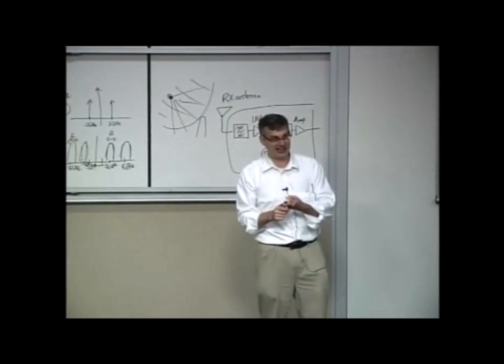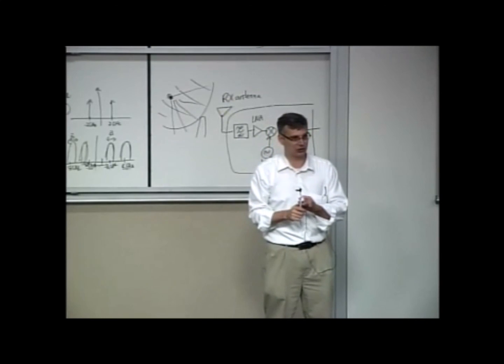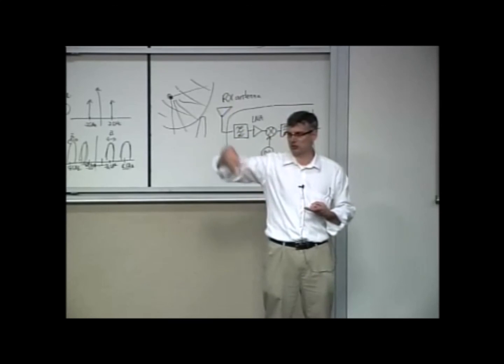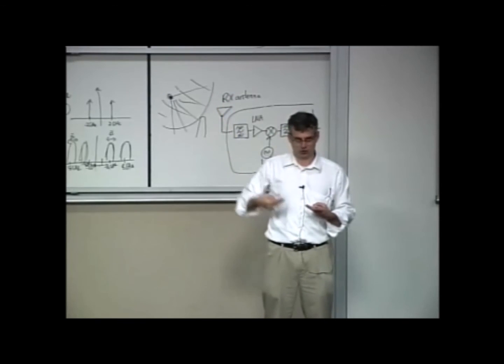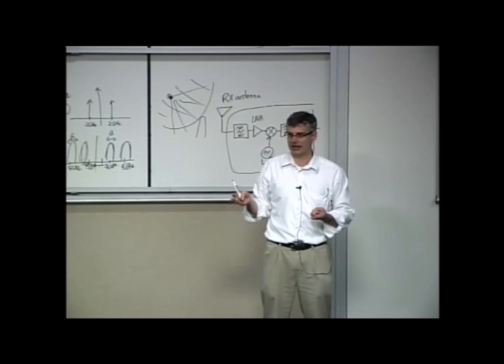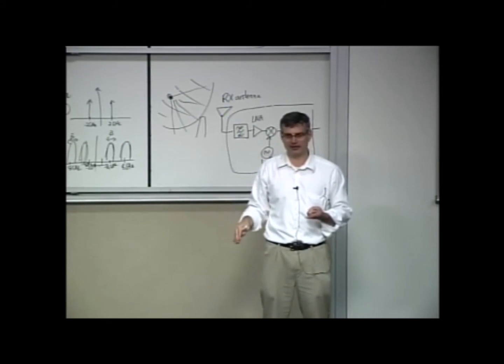You can build highly directional antennas, as we'll learn, when the wavelength gets really small at millimeter waves. In fact, we would love to use really, really high frequencies. The only thing that limits us in satellite engineering is really atmospheric absorption. And that pretty much puts a damper on things at around 60 gigahertz as the highest frequency.